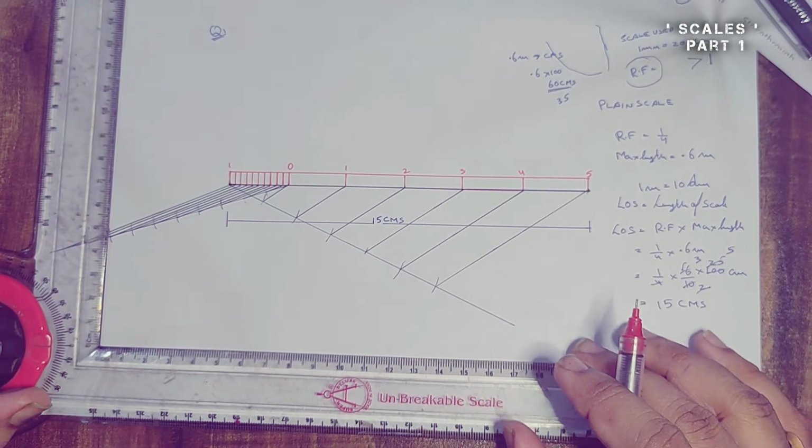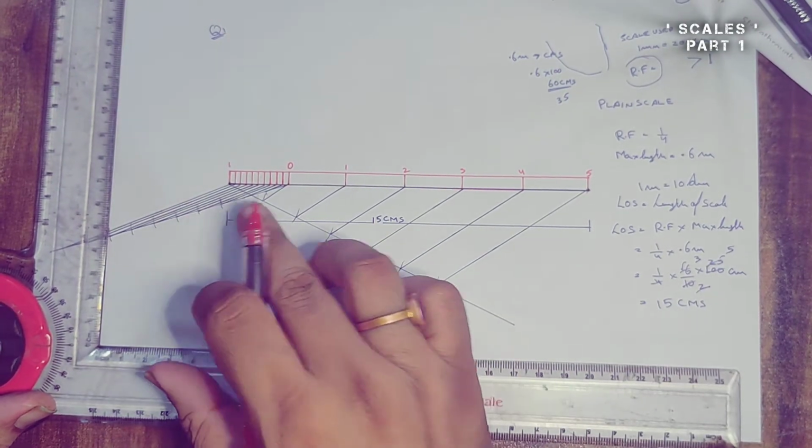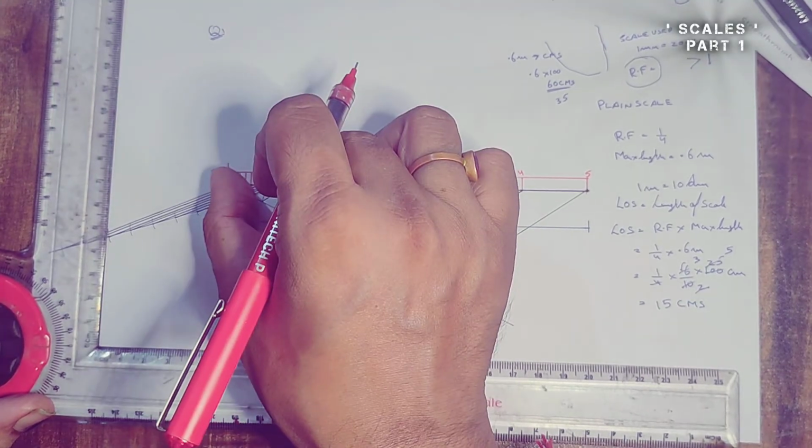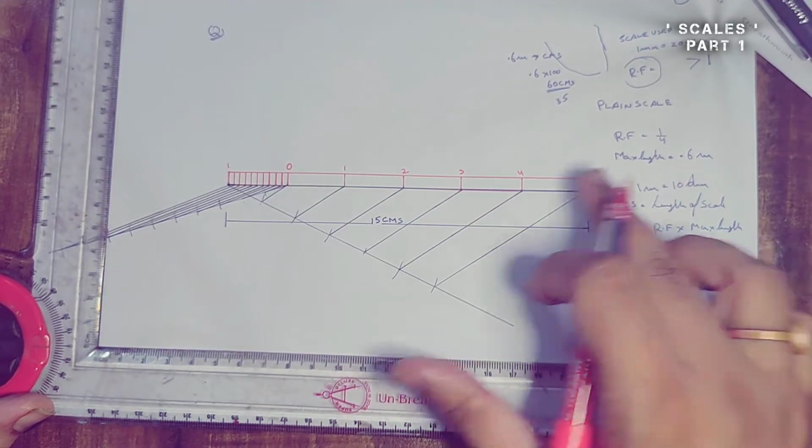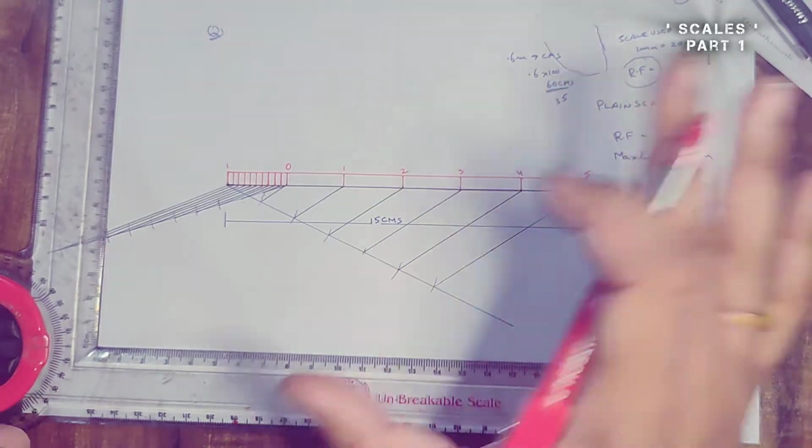So this is how we have drawn a 10 division of this part and 6 division of this part. This is called as plane scale.